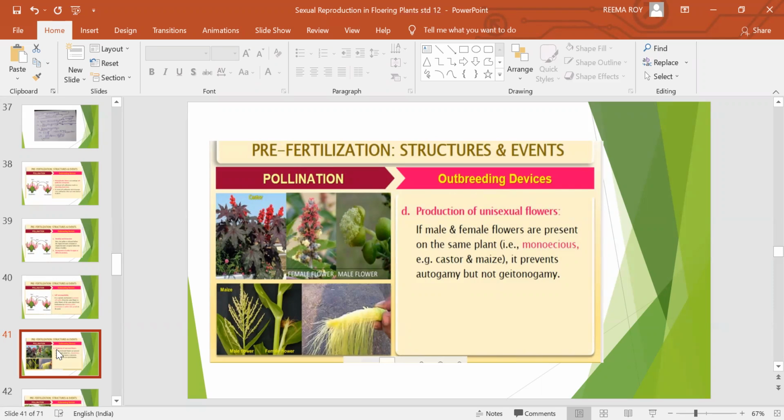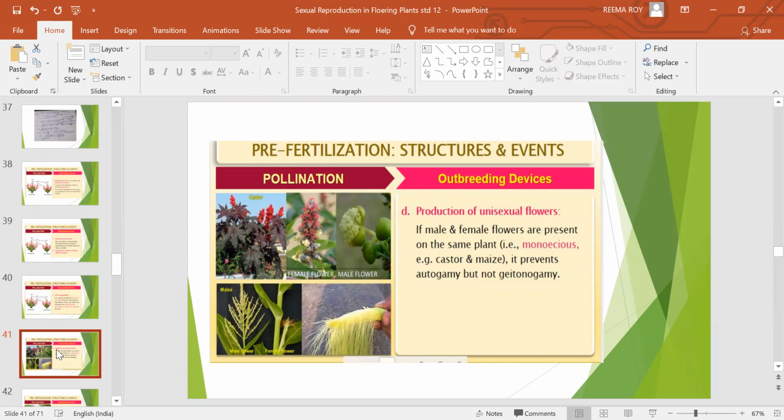Castor and maize, where male and female flowers are present on the same plant. It is called as monoecious. Dioecious मतलब examples है papaya etc., where male and female flowers are present on different plants. Okay, monoecious and dioecious.